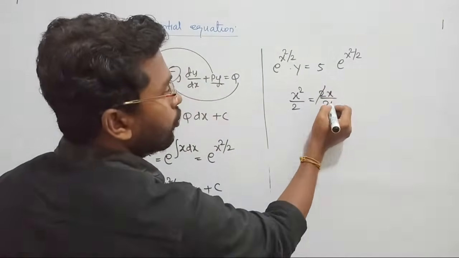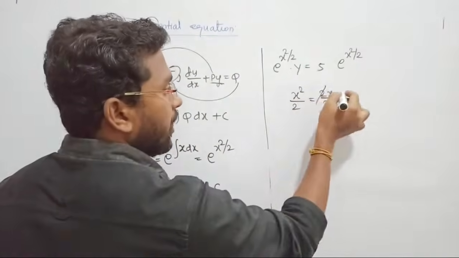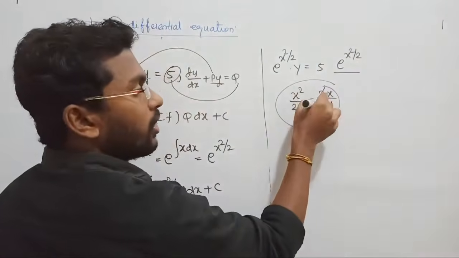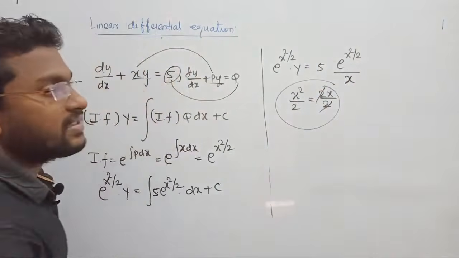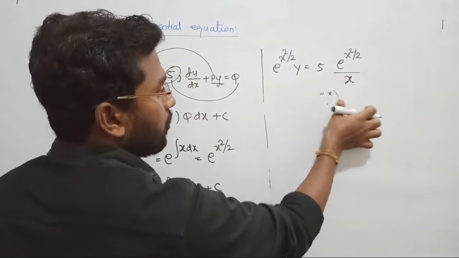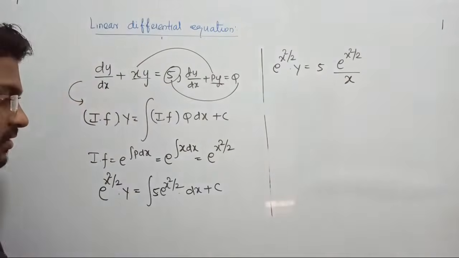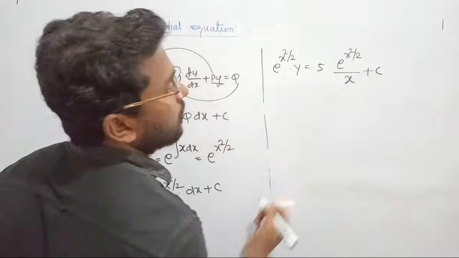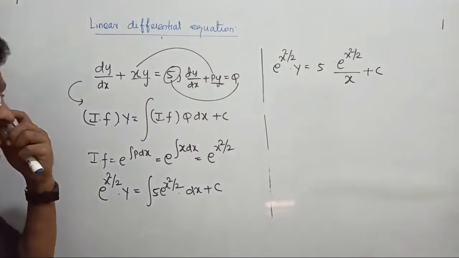Do you agree? 2 getting cancelled. After completing this differentiation, when you differentiate, the resultant value lies in the denominator, right? So the correct answer for this function is going to be x, with respect to dx, plus constant c.